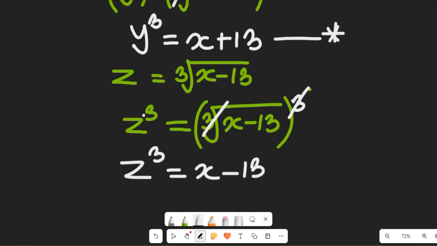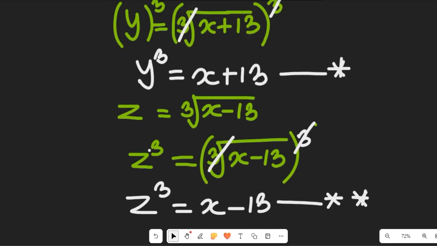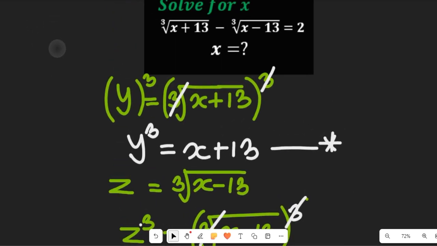Now you see that we have brought out two different expressions, this and that expression. So how will this relate to our solution? Remember that from the very first expression, we said the cube root of x plus 13 minus the cube root of x minus 13 is equal to 2.